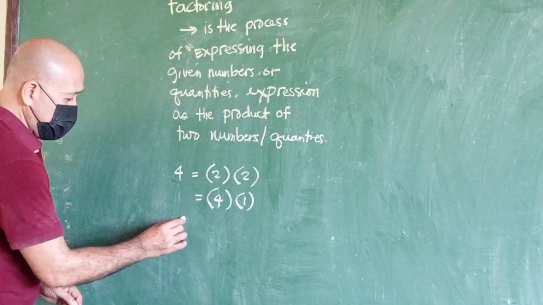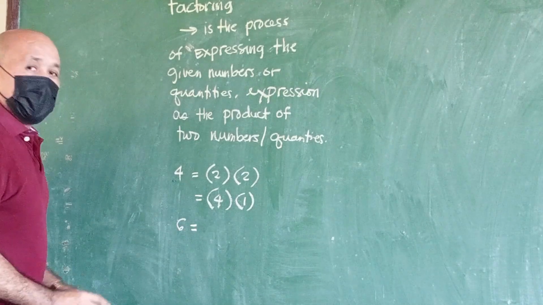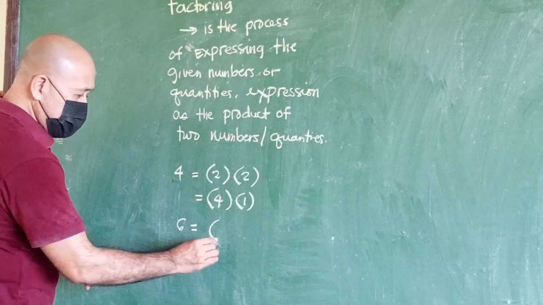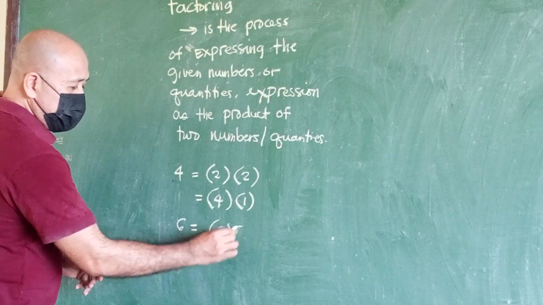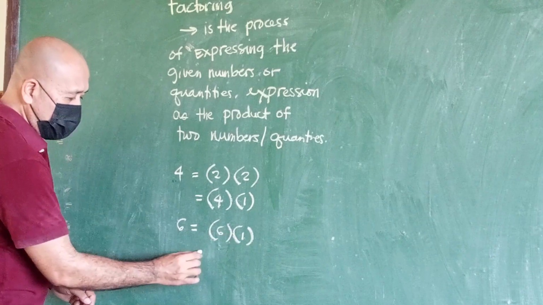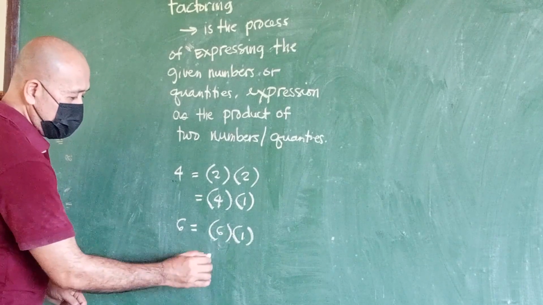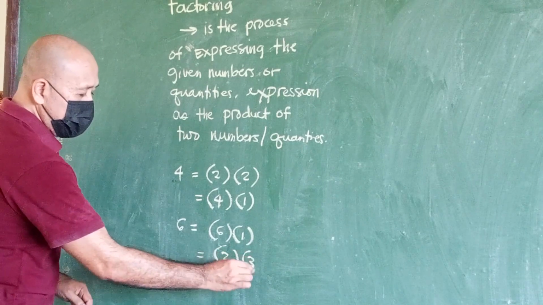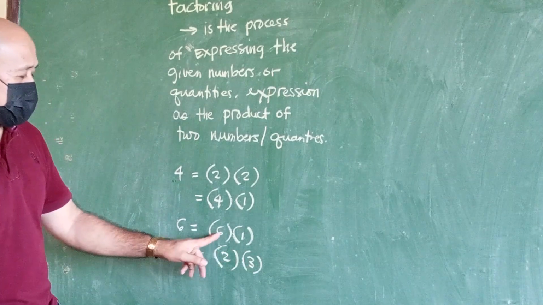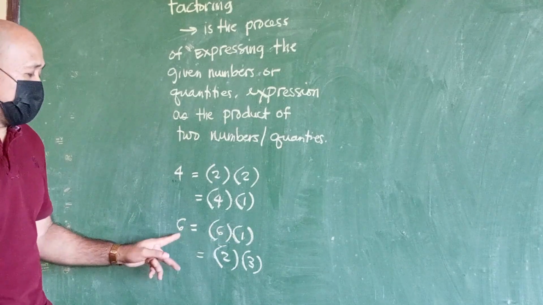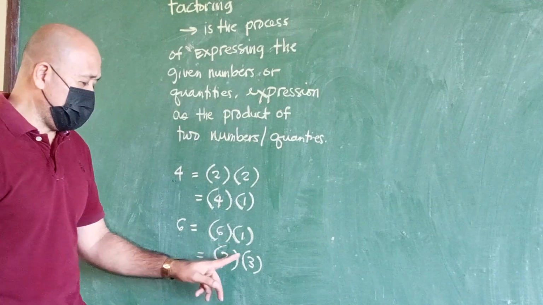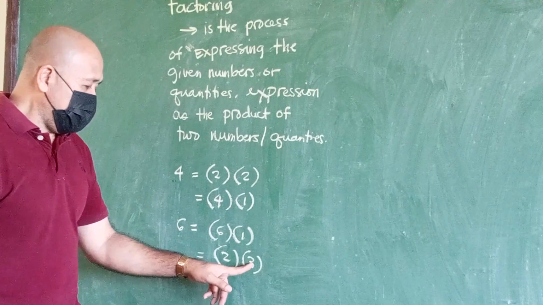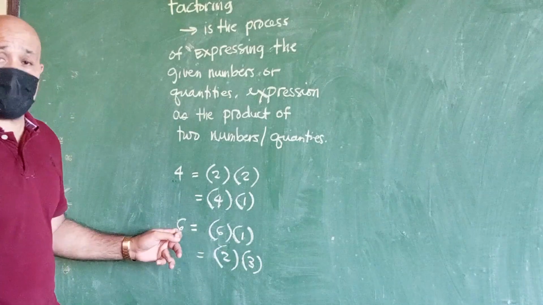And you may also have 6. You can rewrite 6 as 6 times 1, or you may also rewrite 6 as a product of 2 and 3. So when you multiply 6 times 1, the result is still 6. And when you multiply 2 times 3, the product is still equal to 6.